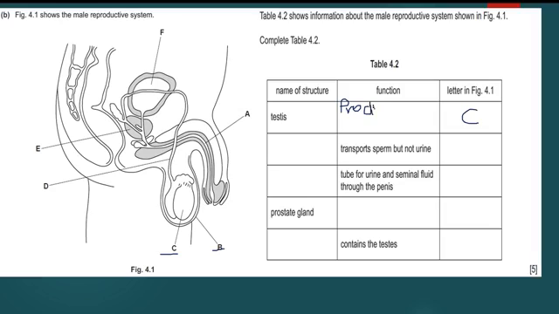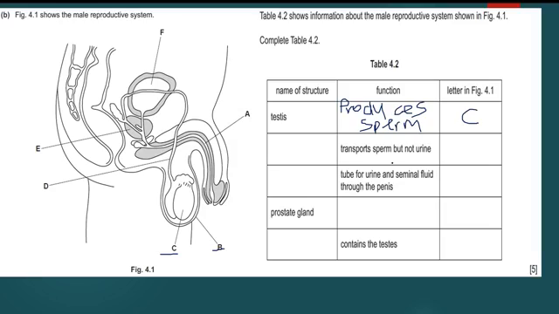Produces sperm. So you can talk about this one, or you can say that is the one that is responsible for the releasing of the male sex hormone.